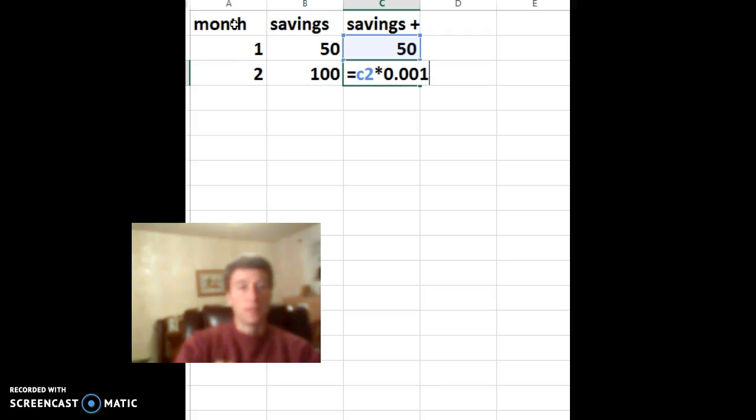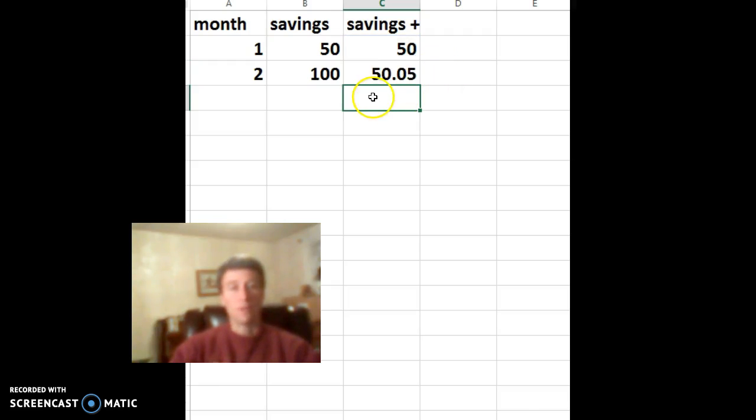So let's say we get 1.2% interest for a year, but for a month that would just be 1/12 of that. So I take 0.012 and divide that by 12 and get 0.001. So I get interest on what I had saved, plus I put $50 in. Wow, I get 5 cents, no big deal.